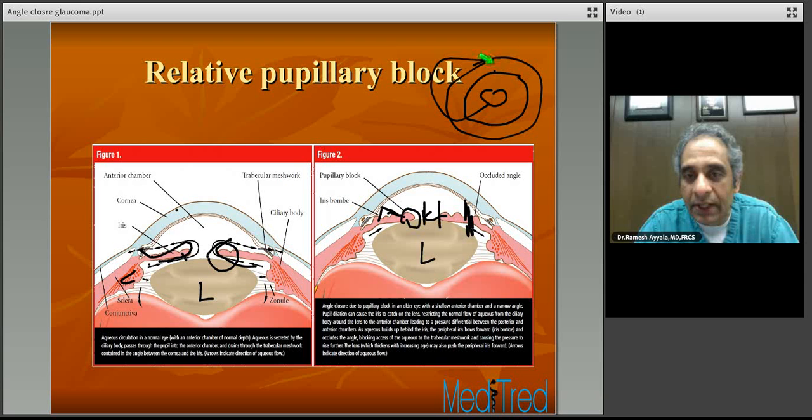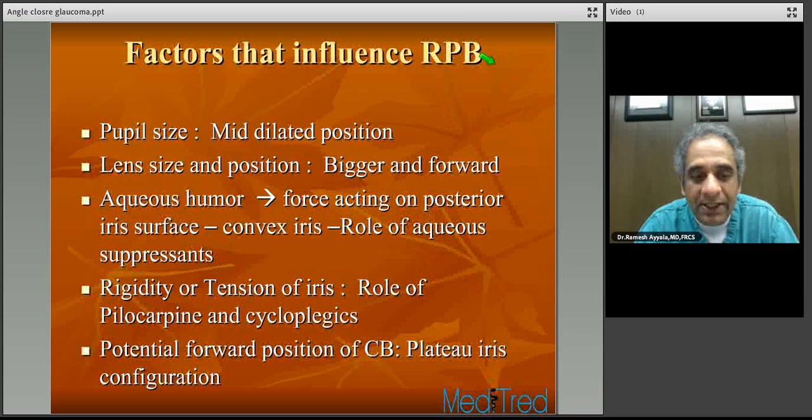So creating an iridotomy is going to be much more difficult in the presence of a dilated pupil as opposed to a pupil that is taut and constricted, such as is induced by pilocarpine. So that's another reason why we choose to use pilocarpine in these situations. And lastly, the potential forward position of the ciliary body, such as in plateau iris configuration, can also increase the relative pupillary block mechanism.